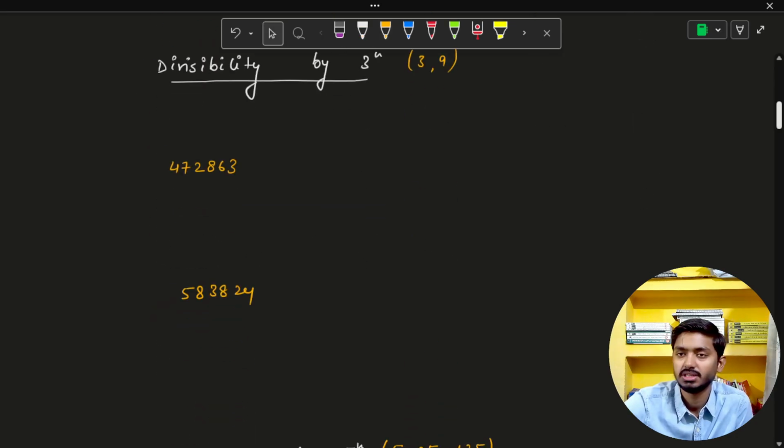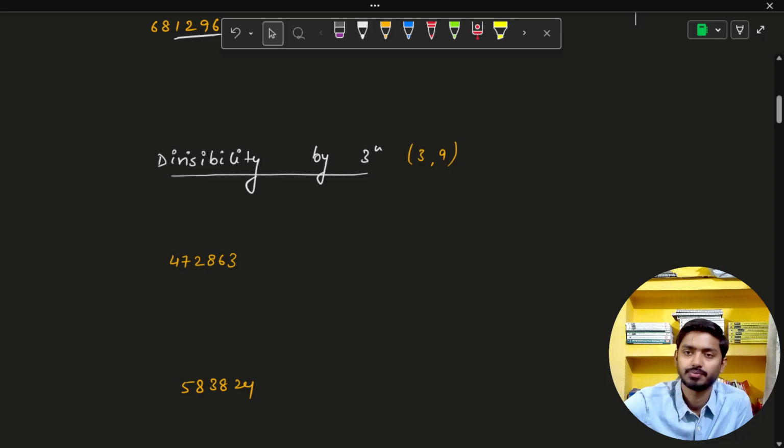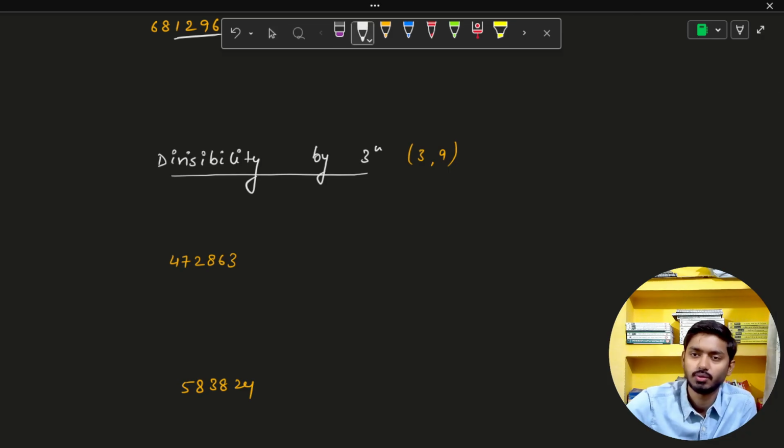All right, now divisibility by 3 to the power n. If you put the value n equals 1, you get 3, and for n equals 2, you get 9. How do we do that? There are two different methods, and we'll learn about both.